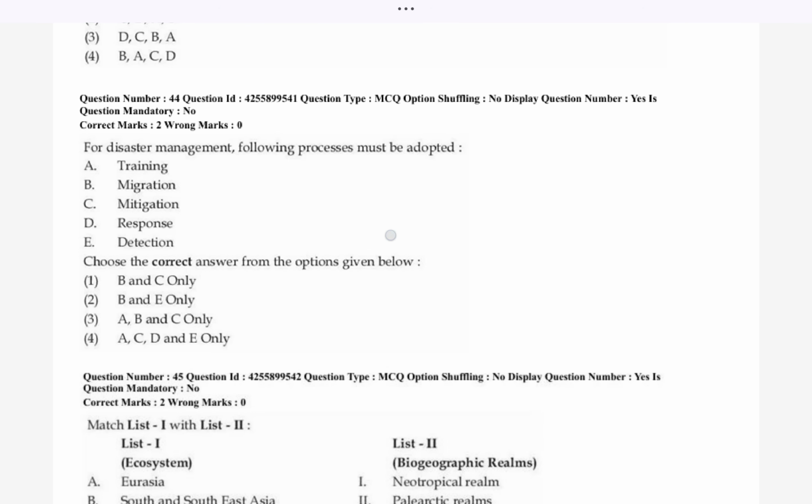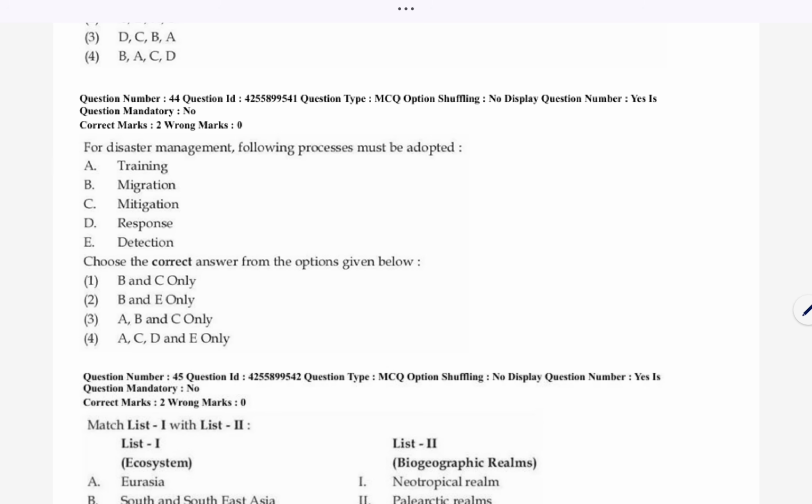Next, response, which is D. After that, training and preparedness. So we have to do training, mitigation, detection, A, C, E, and also response. So the answer is A, C, D and E.